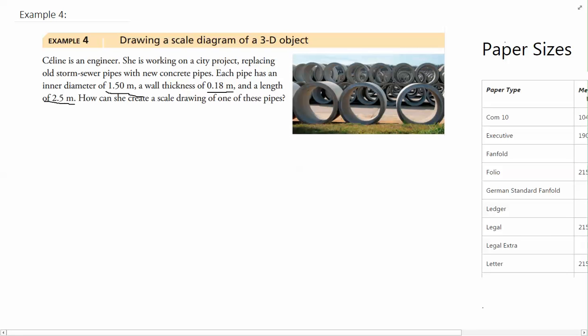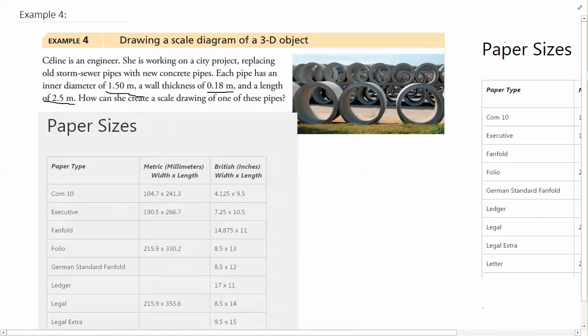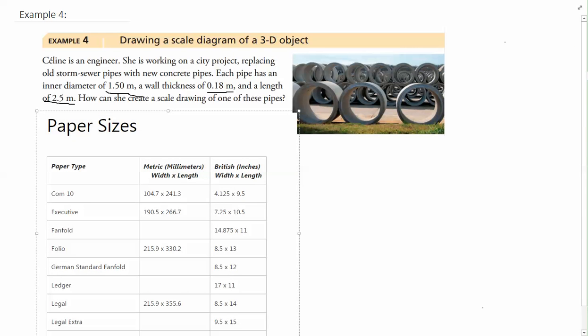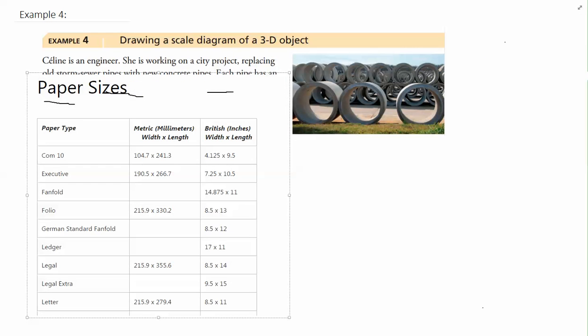And so it's important that we know what size of paper we're going to be working with. And so let's imagine that we're just working on letter paper, and so we have in millimeters 215.9 by 279.4.